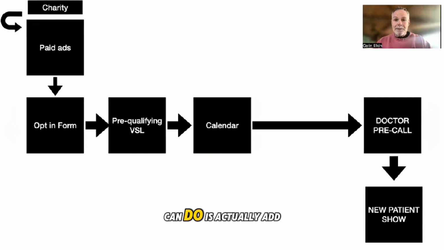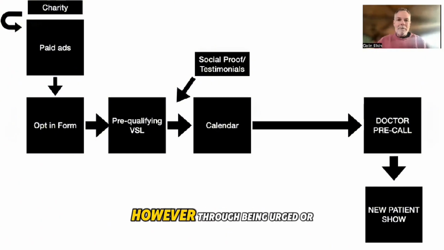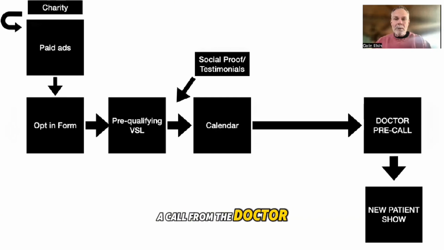The next thing that you can do is actually add in this process some social proof. It builds trust. So if they were to receive another text message or another email with a video testimonial or a couple of video testimonials of patients who have gone through the system, and it may be even somebody who was skeptical and decided, however, through being urged or a call from the doctor, whatever that was, to actually come into the office, and you record these video testimonials in your office, upload them to a portal like YouTube, and then send these people the link so they can actually see the proof that other people have responded to the care.